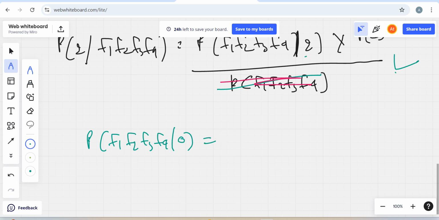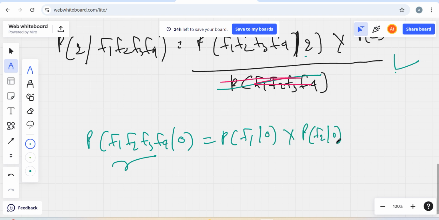I am putting one assumption here that all of feature 1, feature 2, feature 3, and feature 4 are independent. If you are taking that assumption, in that case you can write like this: feature 1 given 0 multiply feature 2 given 0 multiply feature 3 given 0 multiply feature 4 given 0.